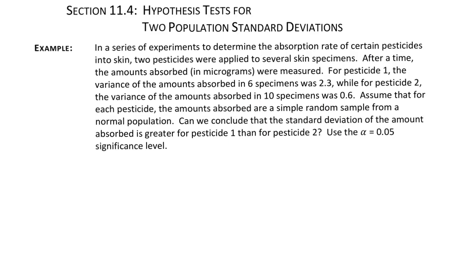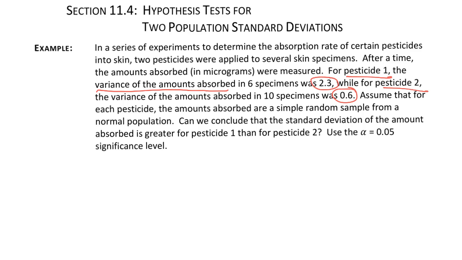In this example, in a series of experiments to determine the absorption rate of certain pesticides to skin, two pesticides were applied to several skin types, and the variance of the amount absorbed in the skin for pesticide 1 and pesticide 2 are given. So these are the values.